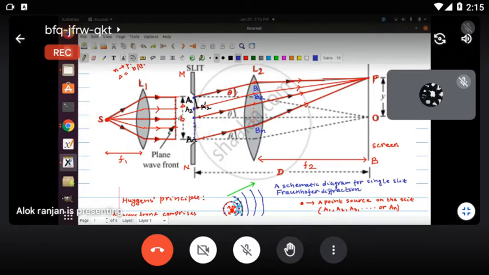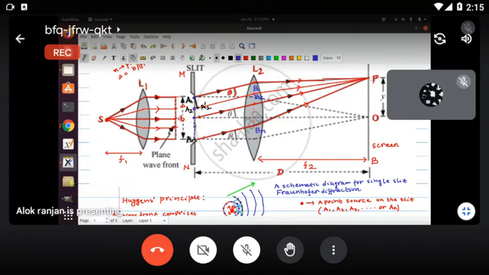Now I will call it diffracted because the light will have a bending kind of nature when it passes across this edge of this obstacle. So this diffracted beam will make an angle theta with respect to the undiffracted beam, represented by the broken dashed line, and they eventually meet over the center of the screen.